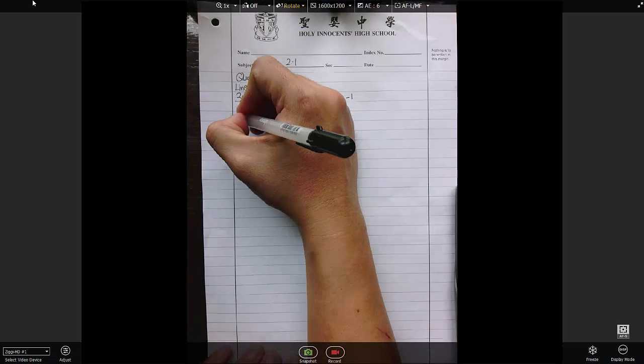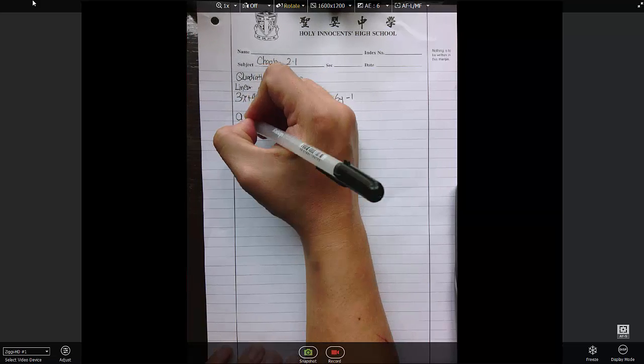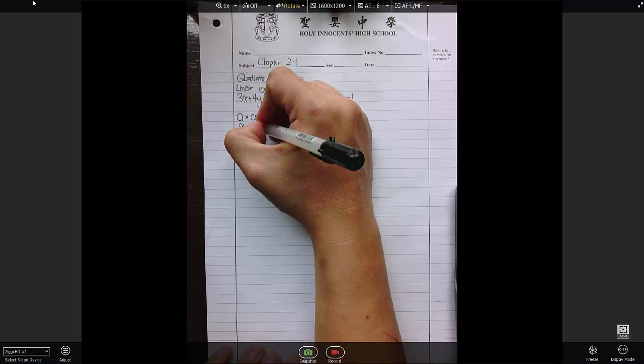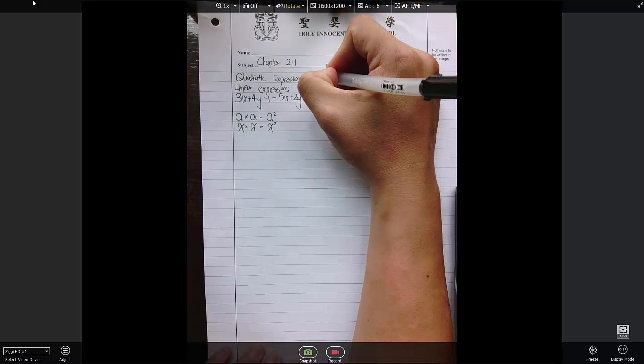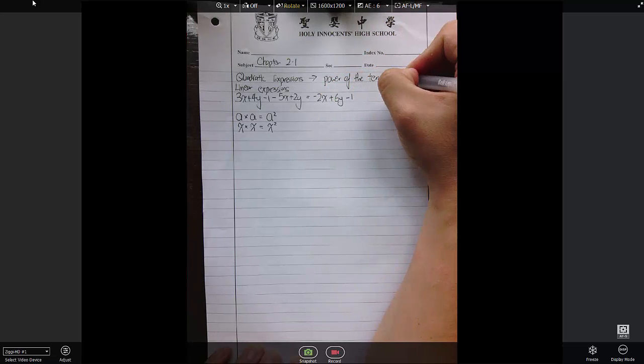We have also learned things like a multiplied by a is a squared, or x multiplied by x gives me x squared. This is either x squared or x to the power of 2. So in this chapter we'll learn the manipulation of quadratic expressions. Quadratic expressions are expressions whereby the power of the algebraic terms is at most 2.